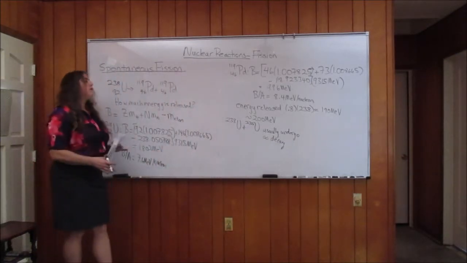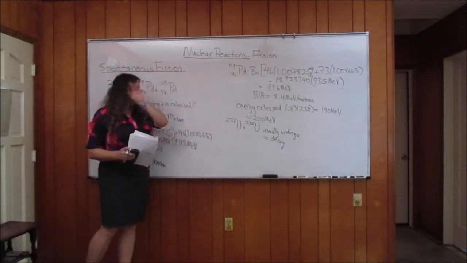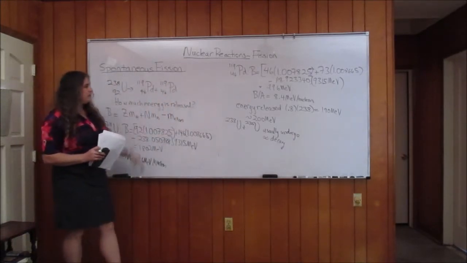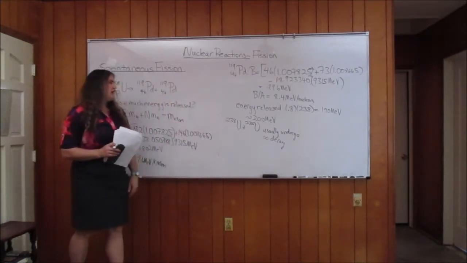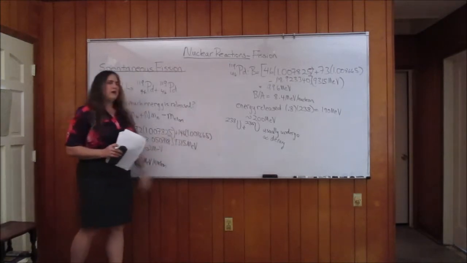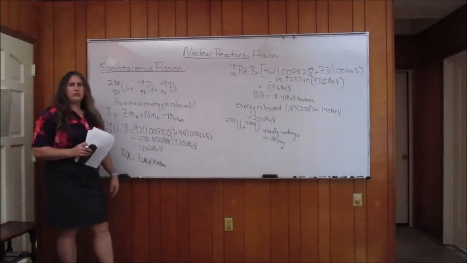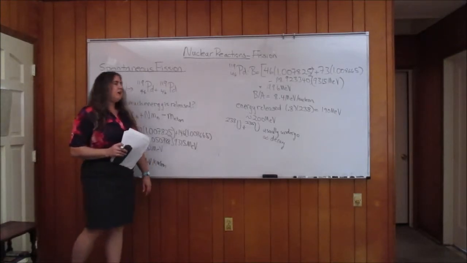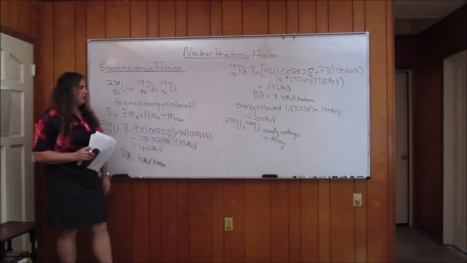So that's overwhelmingly what would happen if you just left uranium-238 and 235 sitting out there somewhere. It usually undergoes alpha decay. The likelihood of these isotopes spontaneously fissioning is really just a small percentage of all decays that occur.